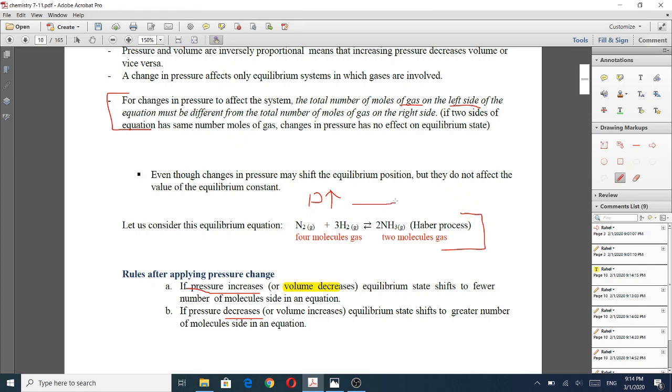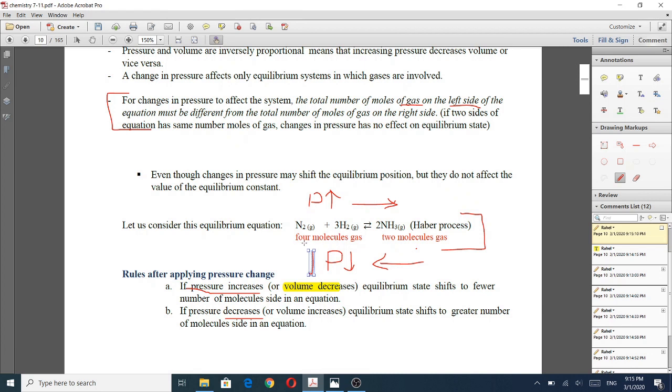The direction of shift will be forward because the reaction has to relieve the stress that is produced. But vice versa, if pressure on this system is decreased, the direction of shift would be towards the reverse direction.